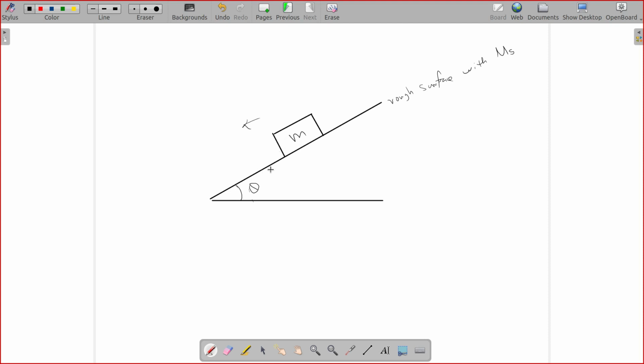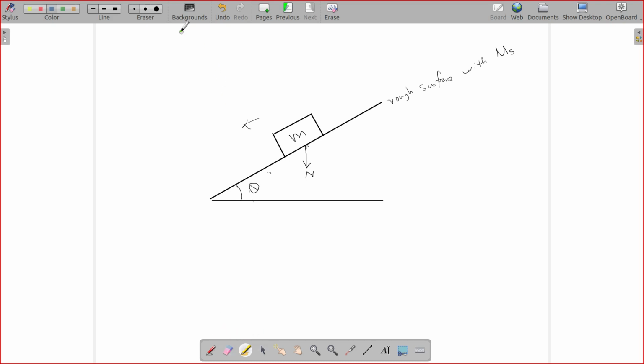So at the point of impending motion, F will be equal to, so what are the different external forces on M then? You will have, sorry, not downwards.